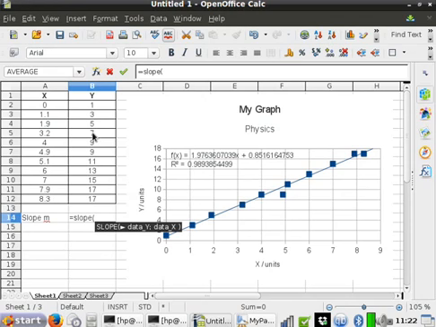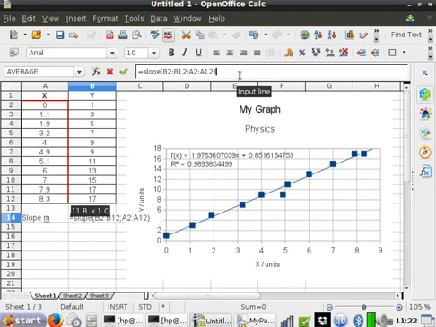Notice how in the slope function they want the y first and then the x next. Okay, so what I'll do is I'll highlight the y, semicolon, highlight the x, close bracket. So here I have slope B2 to B12, semicolon, A2 to A12. It's B and A, not A and B.